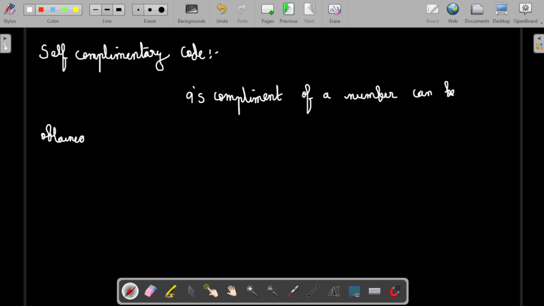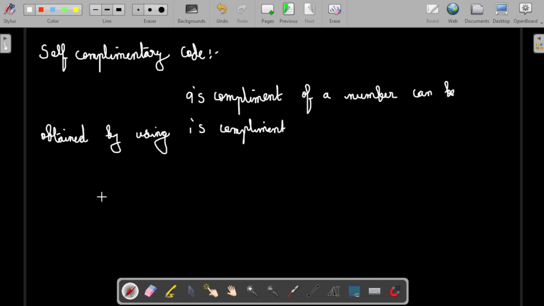So we are able to get the 9's complement of a number by simply turning each bit. That is what they are saying. So by using the 1's complement, this is a self-complementary code.